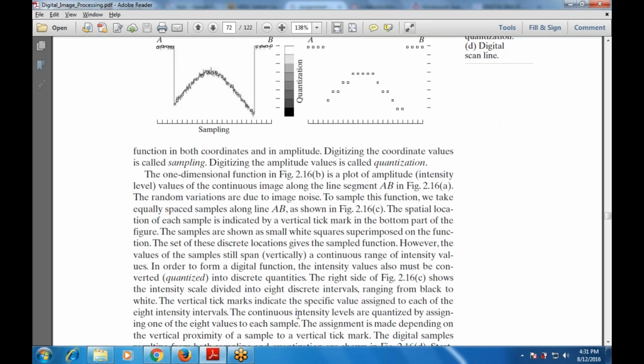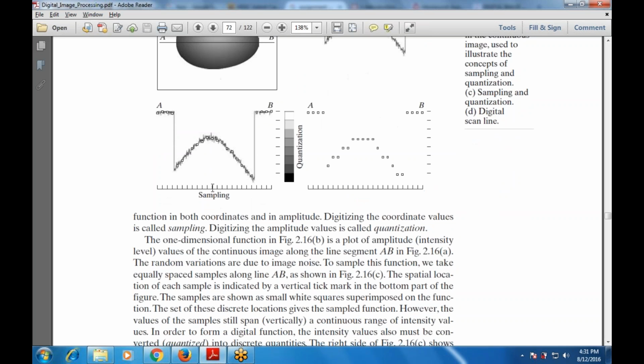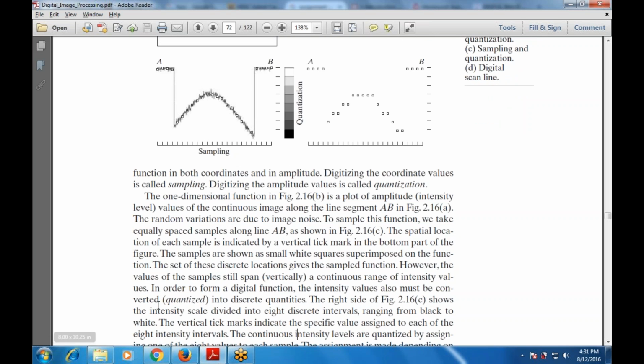And in Figure 2.16, the intensity scale is divided into 8 discrete intervals, ranging from black to white. This is the black, then there is a white part.